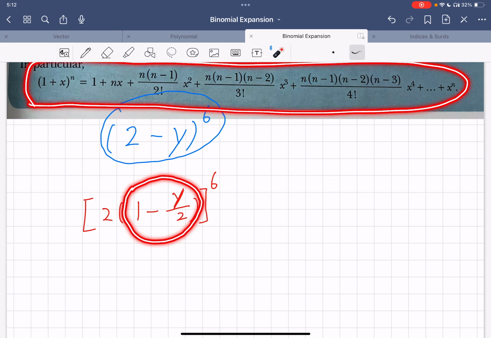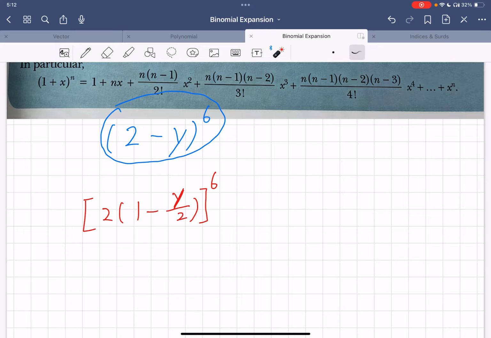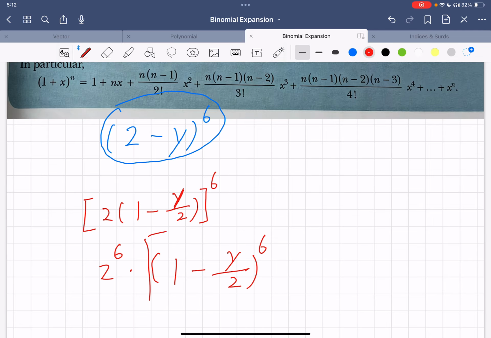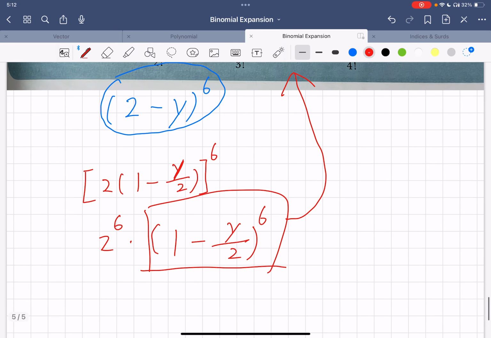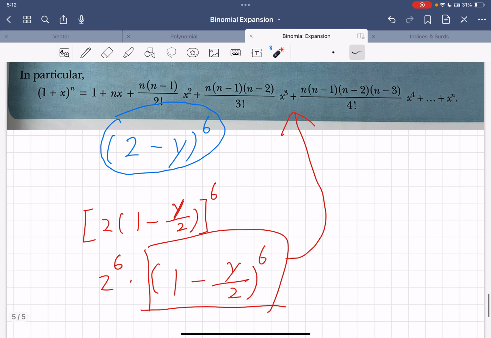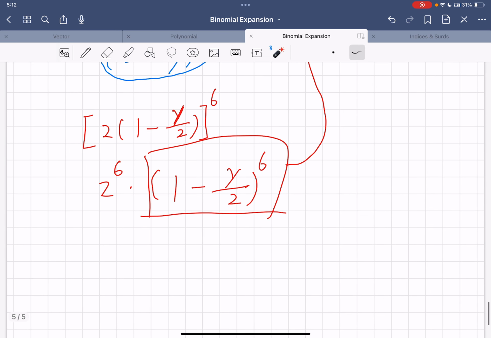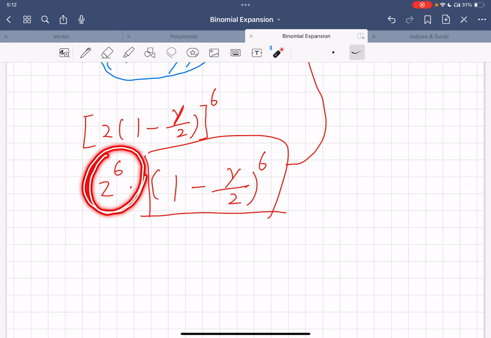Sounds great? Yes, I think so. So it equals 2 to the power 6 times 1 minus y over 2 to the power 6. And this term can use this formula. And after getting all of the results and terms, don't forget to multiply the overall term by this one. Many students forget it.